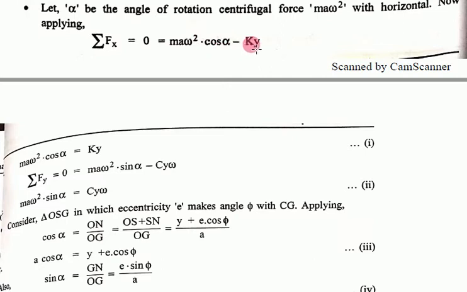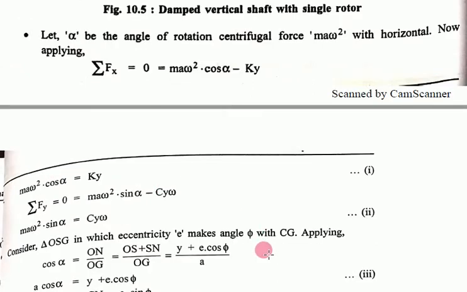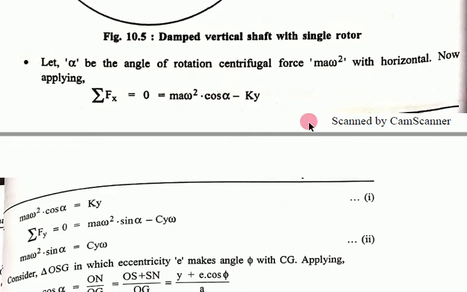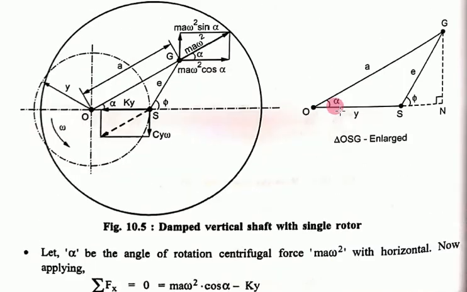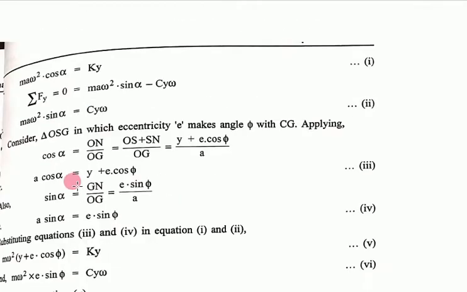Now let us again consider the triangle OSG, in which the eccentricity e makes an angle phi with CG. Here are O, S and G. Draw this triangle and see it from the figure you have drawn.